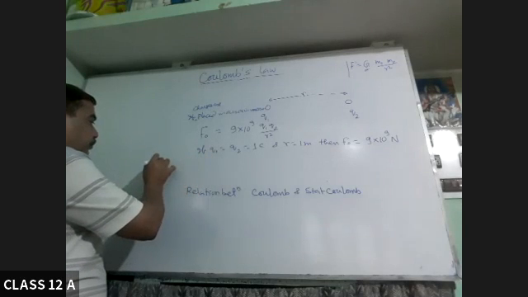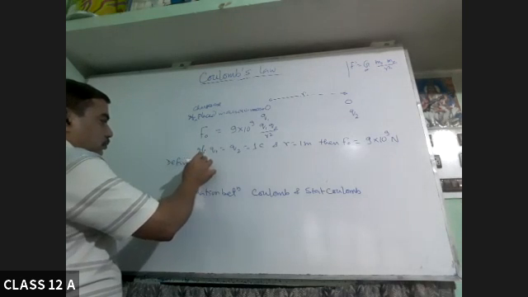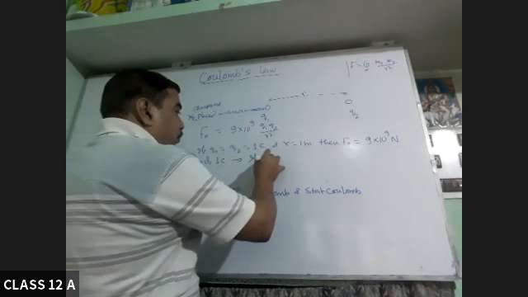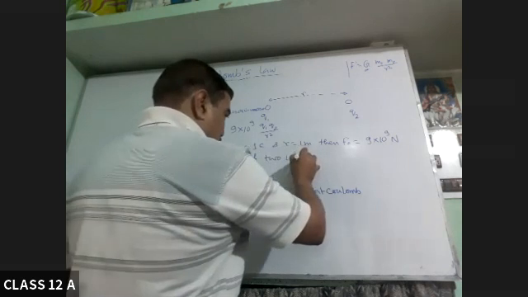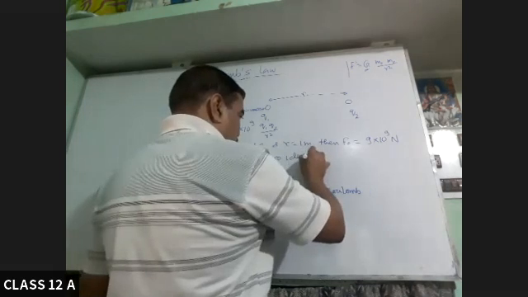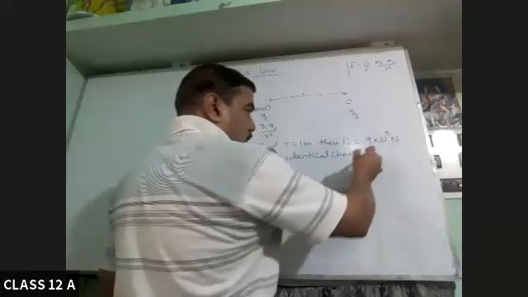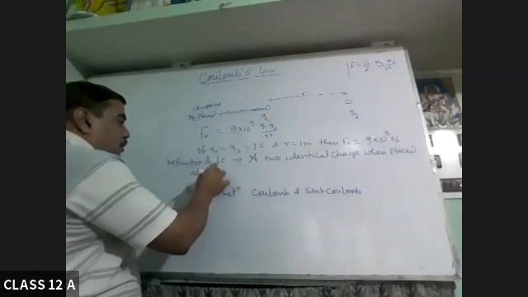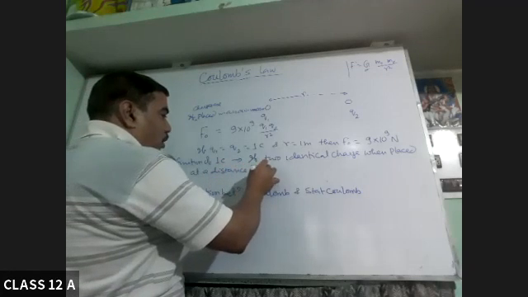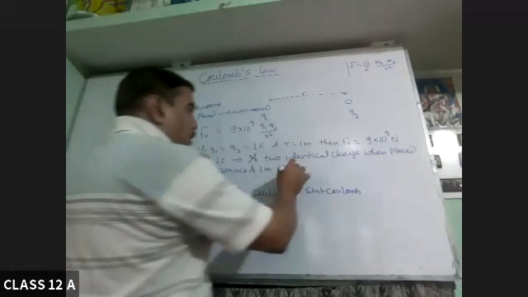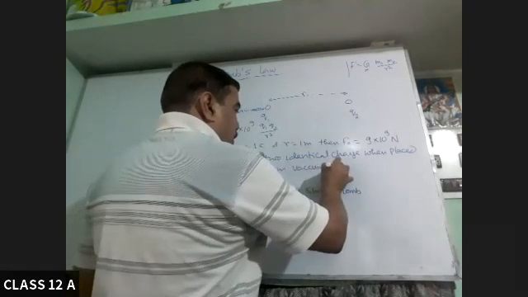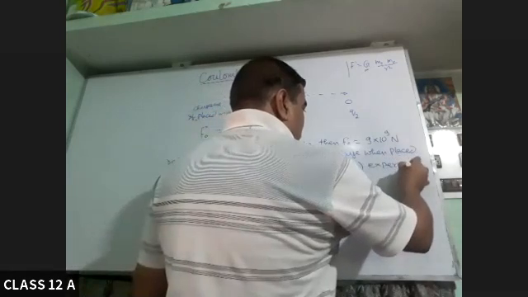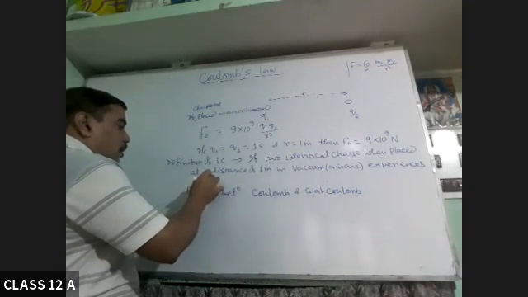So how do we define 1 coulomb? If two identical charges, when placed at a distance of 1 meter in vacuum or in air, experience a repulsive force.